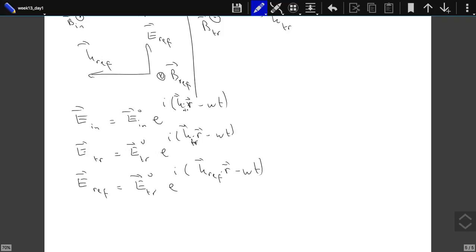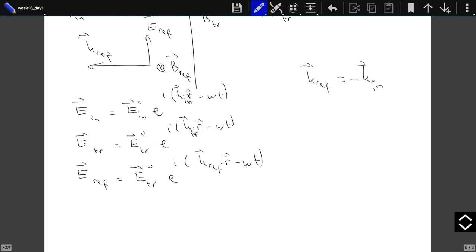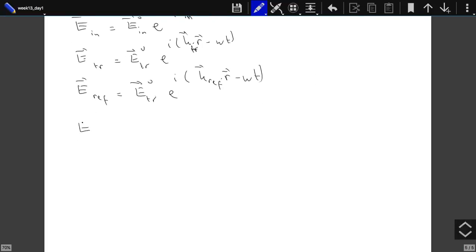This is k transmitted, this is k incident, and k reflected is minus k incident. So with the zeros, I have the magnitudes. What I will try to find is the relation between E transmitted and E incident, and E reflected and E incident. So what are these constants appearing over here? That is what I will be trying to find.